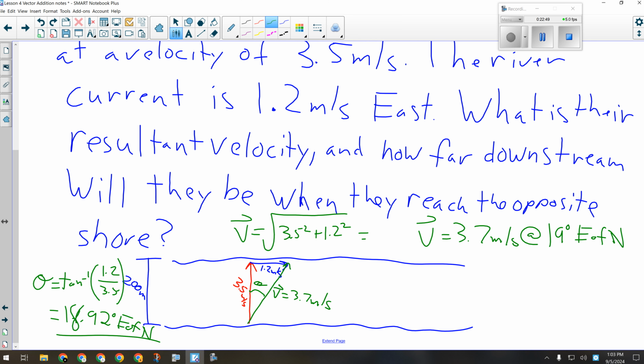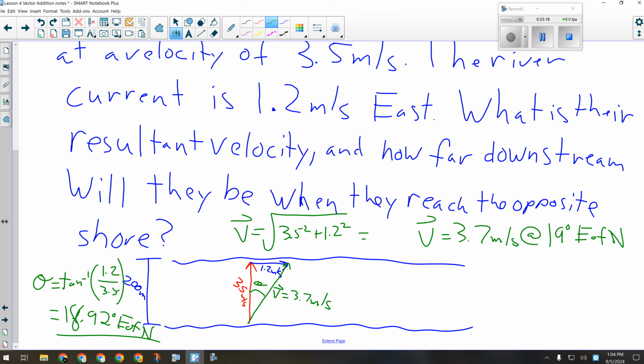But what we have to recognize is, while I'm doing this, I am moving both across and downstream. And I know how fast I'm moving across and downstream. And I know what that combines to. The weird thing is that we're always asked what the combination is, but you never use it for anything. You only have to calculate it for its own sake. After that, it's useless.